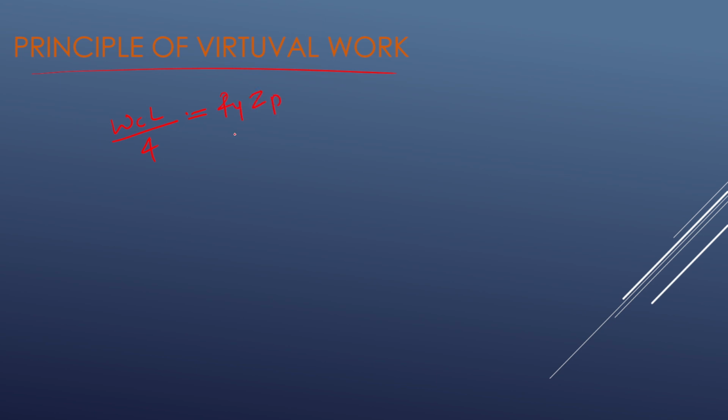One is the MP equation, the other is the maximum bending moment equation. Equating both and simplifying, we get the collapse load WC, which equals Fy into Zp into 4 divided by L. This is one condition.